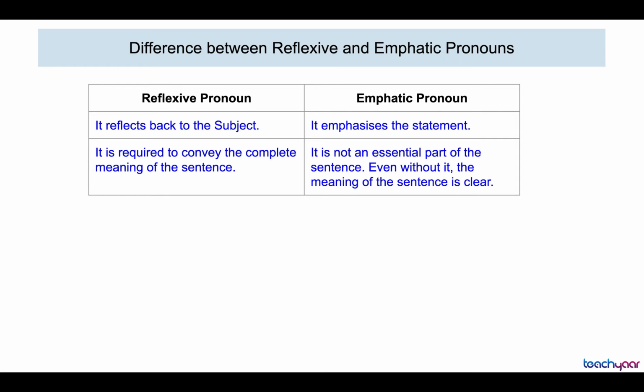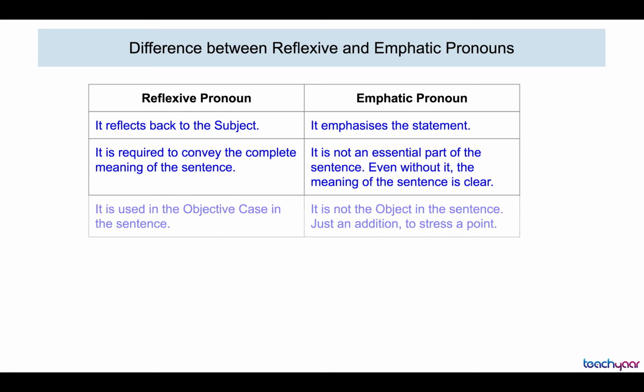That means it is no longer a sentence, because a sentence should make complete sense. So reflexive pronoun is essential; it is required to convey the complete meaning of the sentence. Whereas in the case of emphatic pronoun, it is not an essential part of the sentence. Even if you remove it, the meaning of the sentence is clear. So it is an addition to the sentence, only to emphasize the statement.